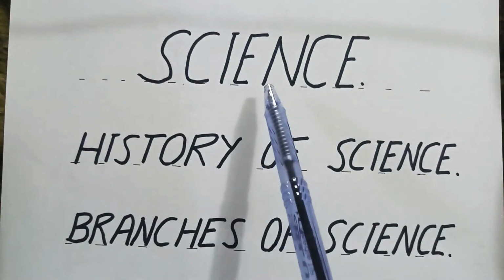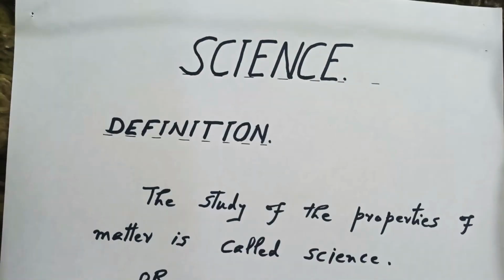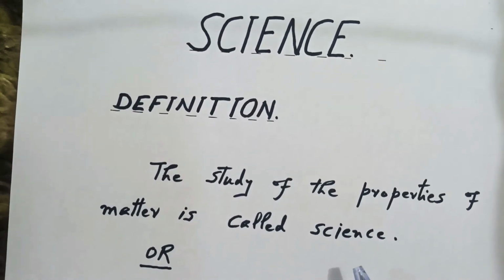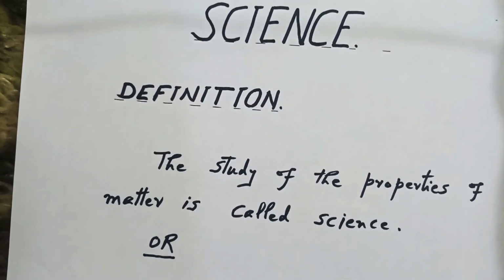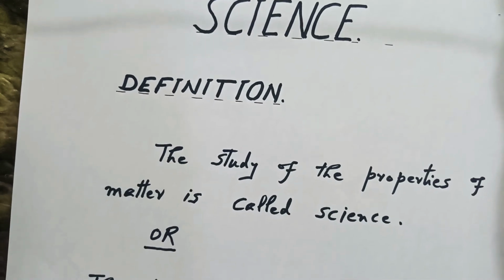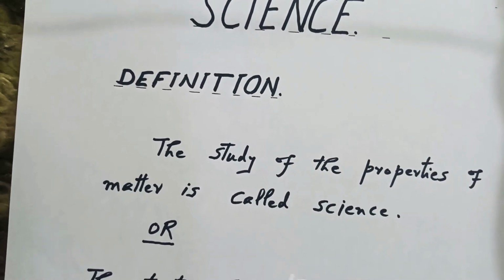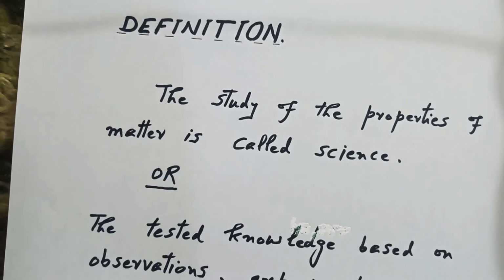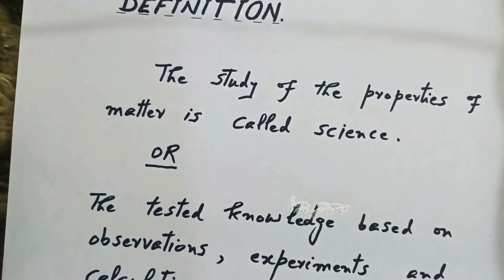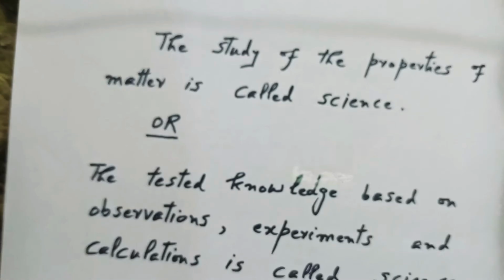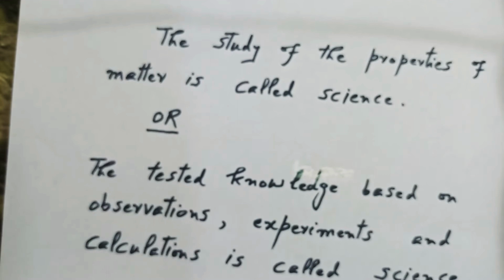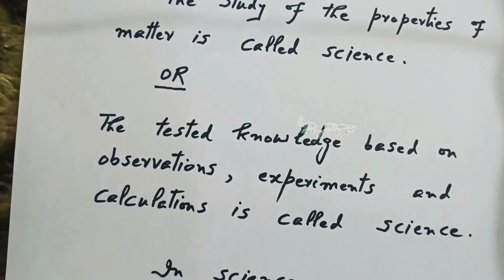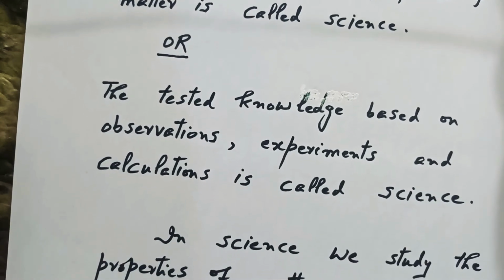First is science. What is science? The definition of science is that the study of the properties of matter is called science. Or, tested knowledge based on observations, experiments and calculations is called science.